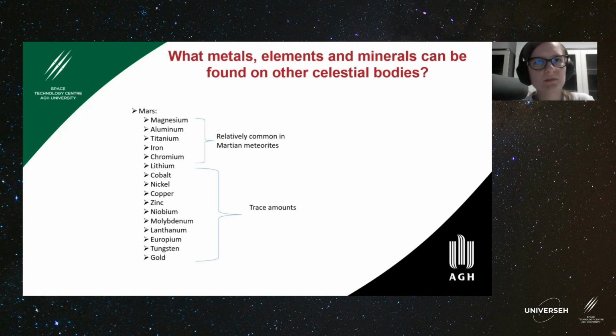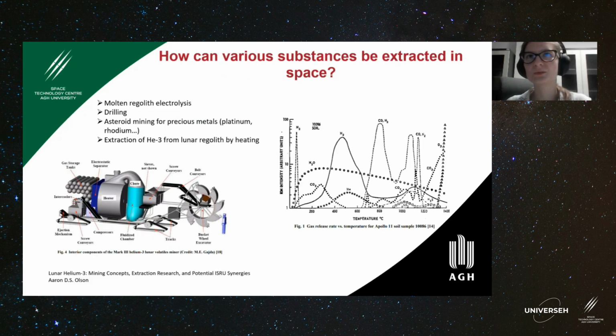But there are also trace elements of lithium, cobalt, nickel, copper, zinc, niobium, molybdenum, titanium, and even rare earth elements such as europium. And some of them are also pillars of current industry. For example, lithium batteries.